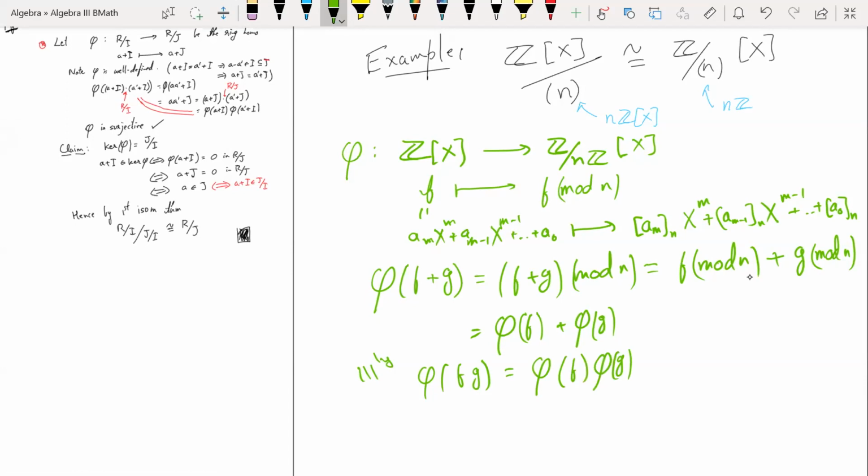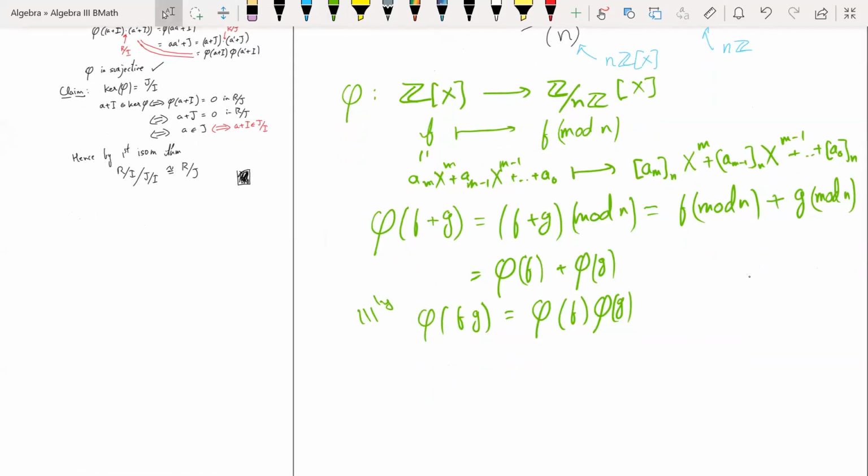So phi is indeed a ring homomorphism, and of course it is surjective, and surjectivity is clear. That's the tautology. And what is the kernel of phi? The main step is to just calculate the kernel of phi.